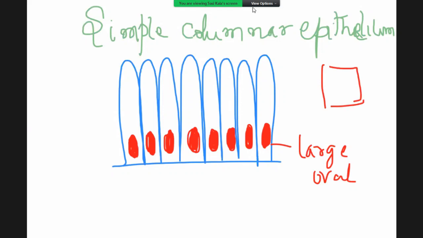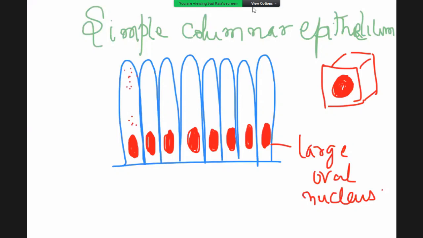And here it is oval, towards the basement membrane. Here the Golgi complex is well developed. It can produce mucus.